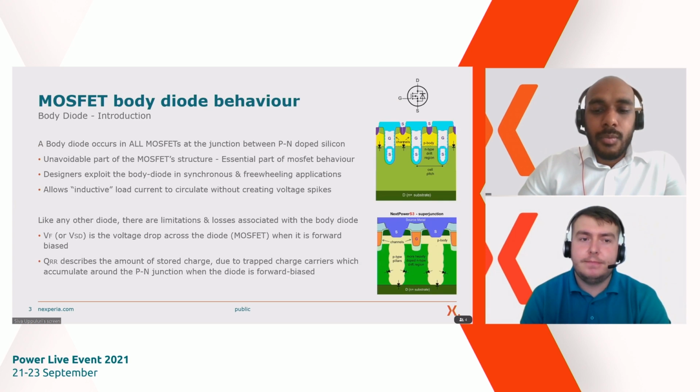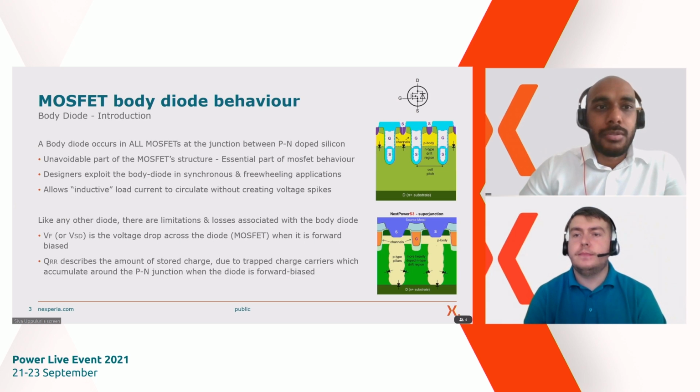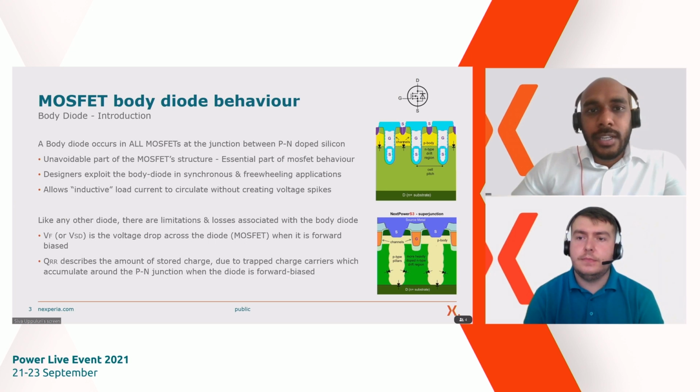In this session, we will discuss the importance of the MOSFET's body diode and the benefits of low QRR and VF in some of the applications out there. A body diode occurs in all MOSFETs at the junction between the PN doped silicon, and essentially it is a body diode that's formed between the P-type body and the N-type drain region.